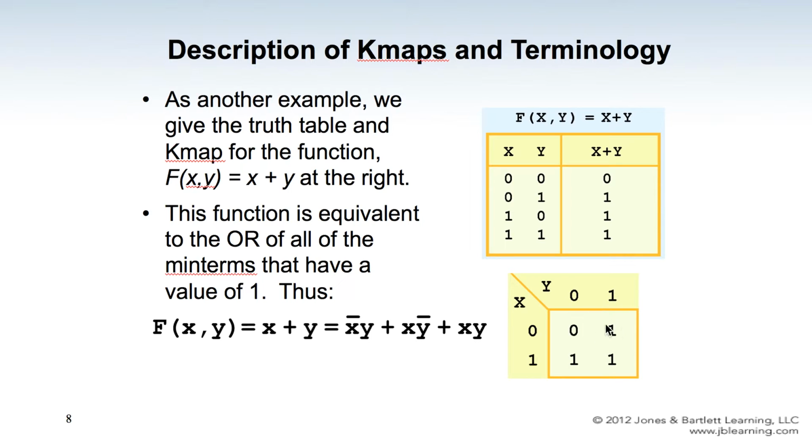The first one corresponds to x naught y, the first term corresponding to this value 1. The second term corresponds to x y naught, because x equals 1 and y equals 0. And the last cell, x equals 1, y equals 1, is represented by x and y.